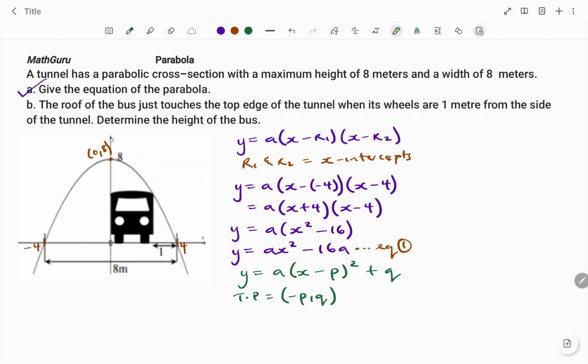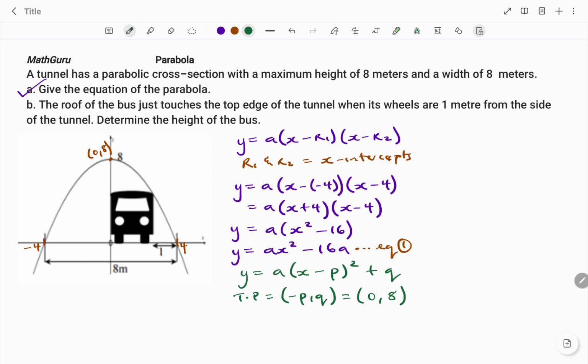So I'm going to replace that, p is my x value, and q is my y value for my turning point. So that will be p is 0, and q, which is my y value, is 8.